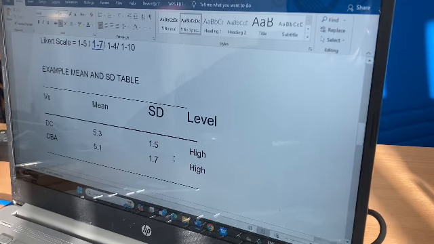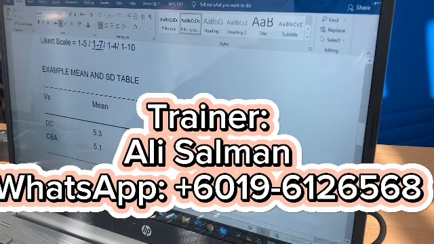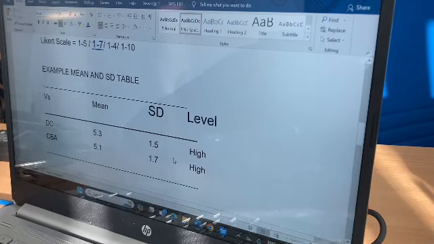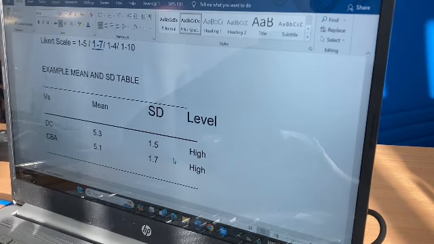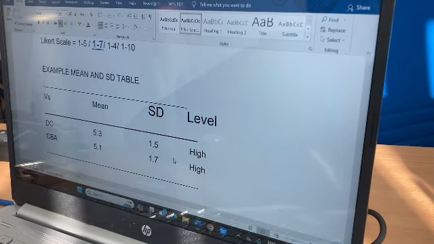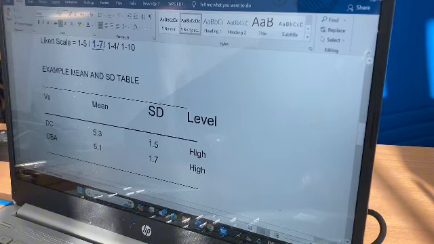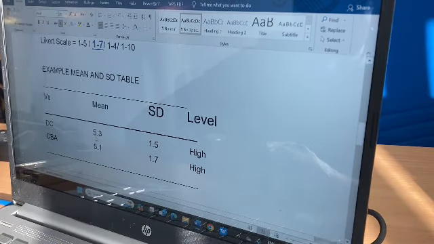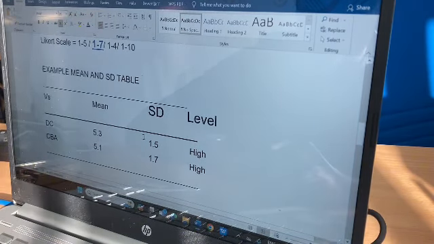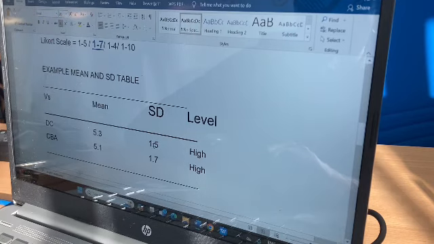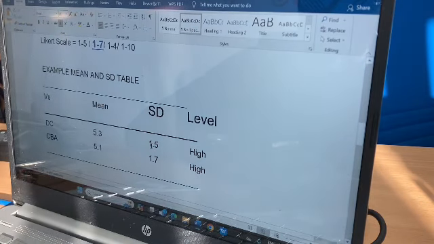And normally in research, the standard deviation should not be more than the mean. You should take note of that. If the mean is 5.3, and SD becomes 5.4 or 6.0, then something is wrong with your data.